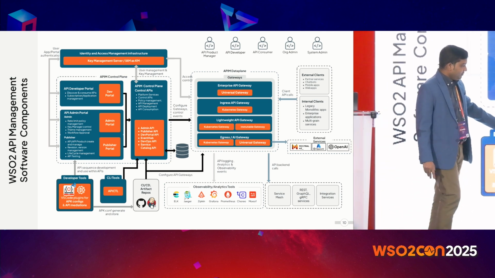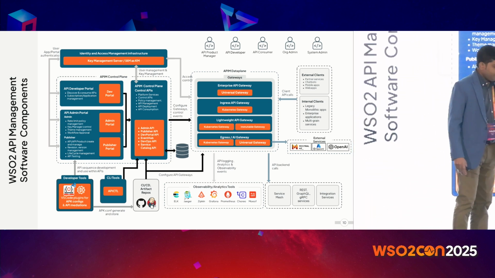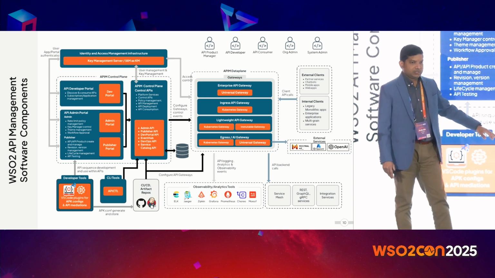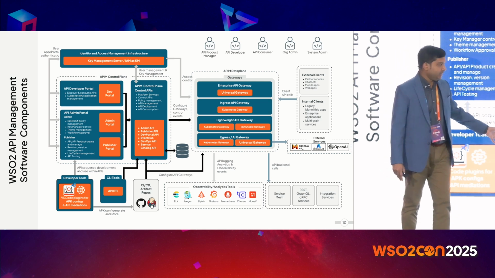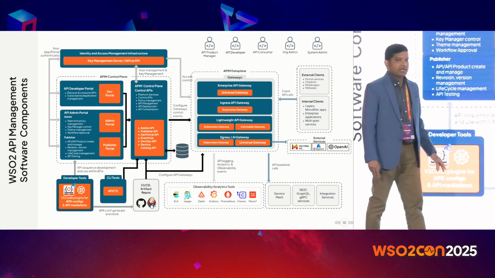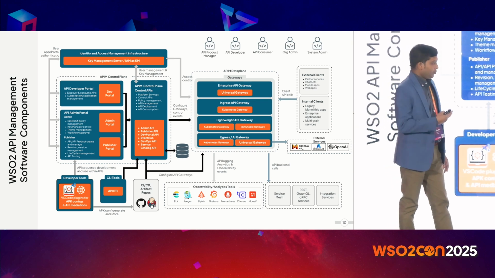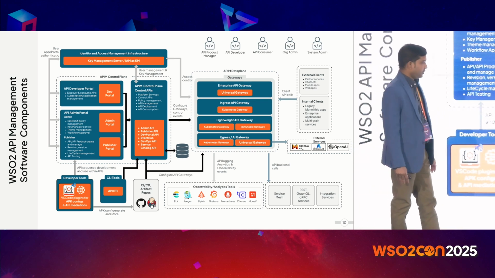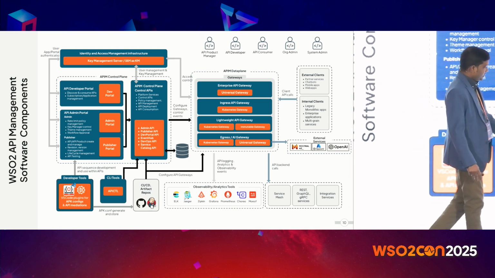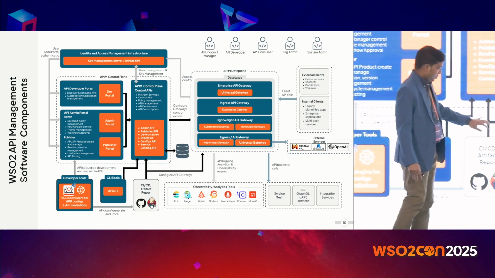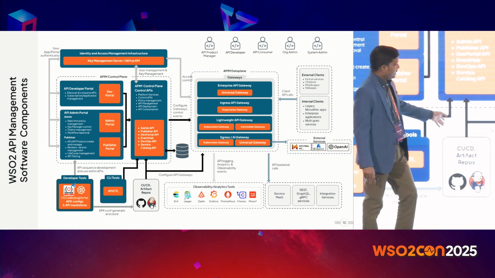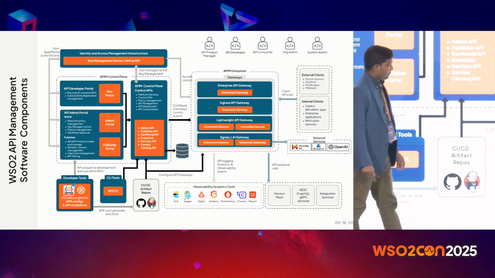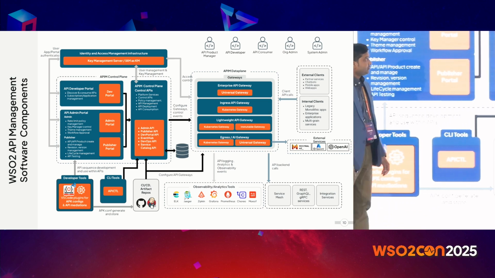And then we have the CTL tool, which you can use to create CI/CD pipelines and promote your APIs from one environment to another. So you can plug in the CI/CD repos, and even deploy to different gateways as well.